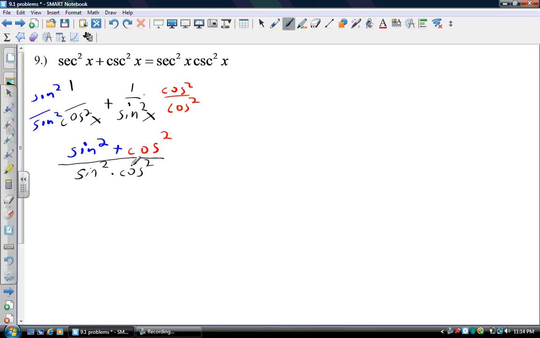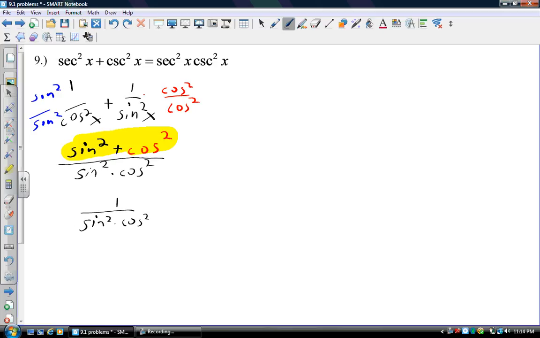Okay, well, how does that get us closer? Well, actually, up here, trigger should be going off, hopefully. That is a big deal. Sine squared plus cosine squared, that's our base, our parent Pythagorean identity. That just equals 1. All that yellow stuff is just 1. And actually now I'm very close to the end. These are on the bottom of the fraction.